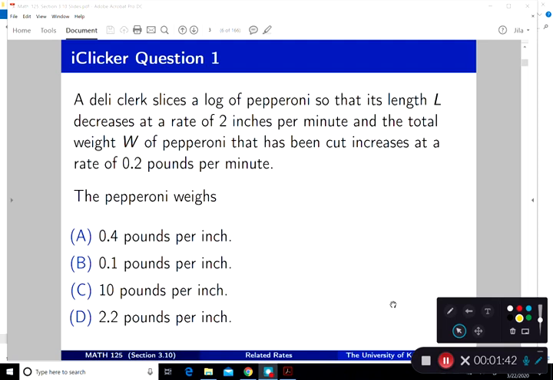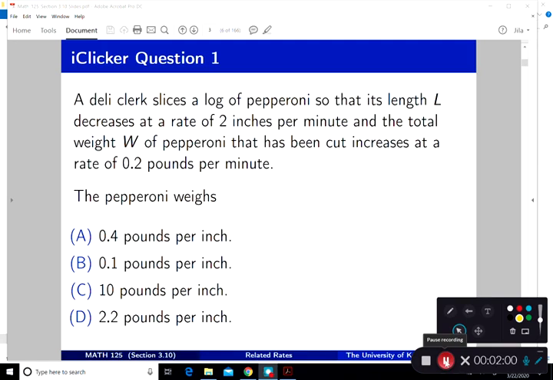The options are in pounds per inch. I suggest you pause, think about the problem for a minute, and answer the question.